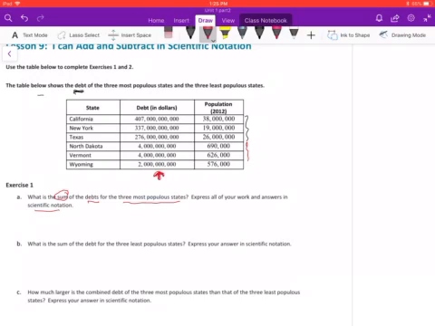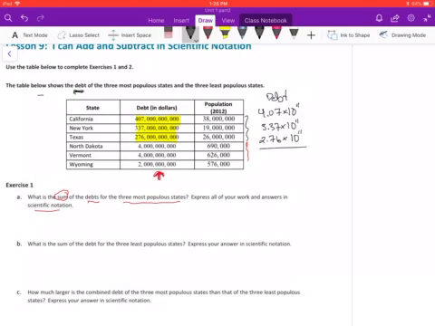So I'm going to look at the debts of these three first, because they're the most populous. The first thing I'm going to do is change it to scientific notation. So I'm going to rewrite debt here as 4.07 times 10 to the 11th, 3.37 times 10 to the 11th, and 2.76 times 10 to the 11th.